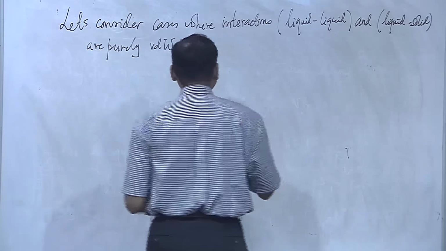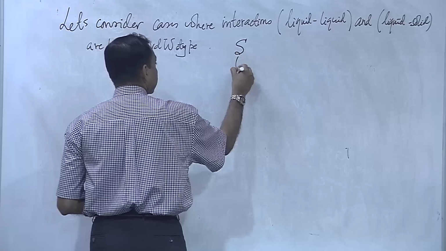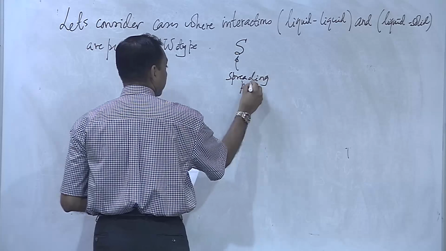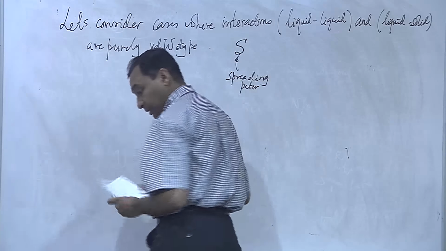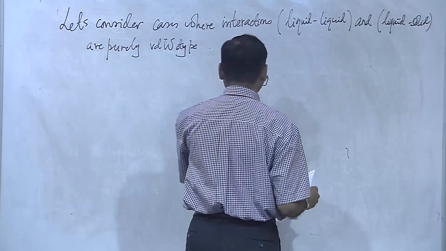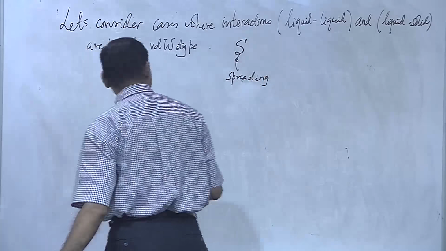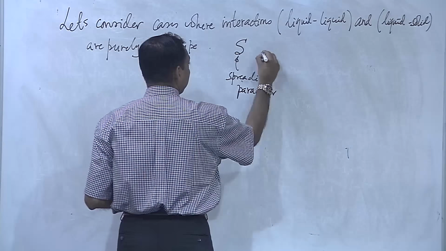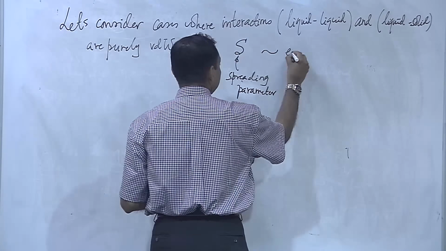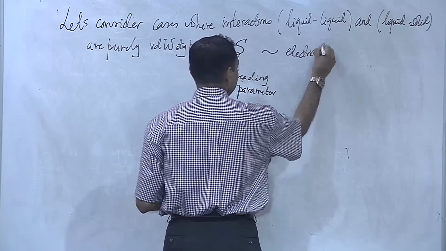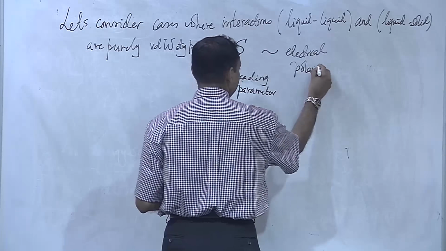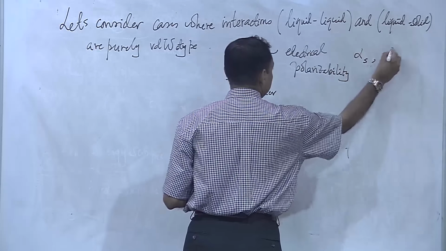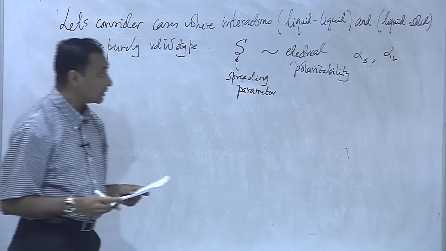So, the idea is we want the S, the spreading parameter, which is the difference of the energy between the dry and the wetted state, we want to relate this with the electrical polarizability of the material, which is alpha S and alpha L, the solid and the liquid polarizability.